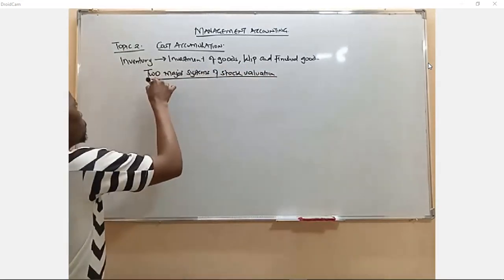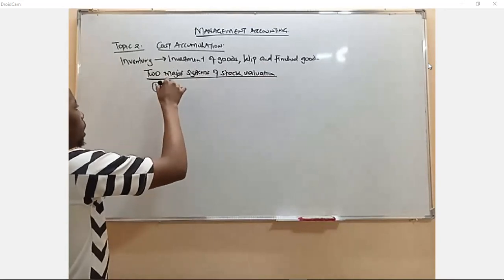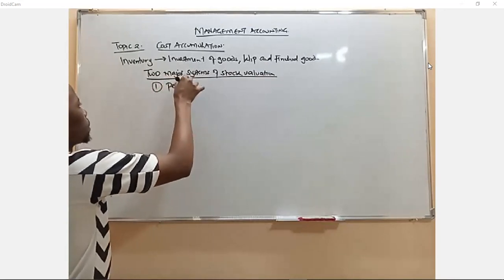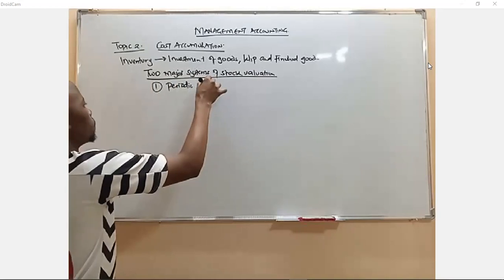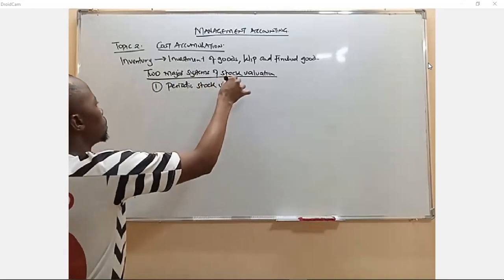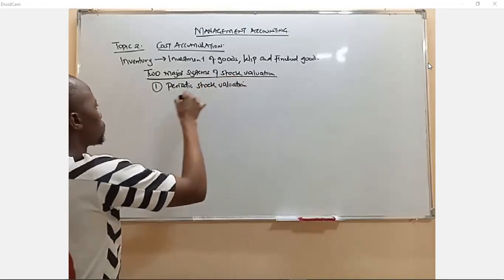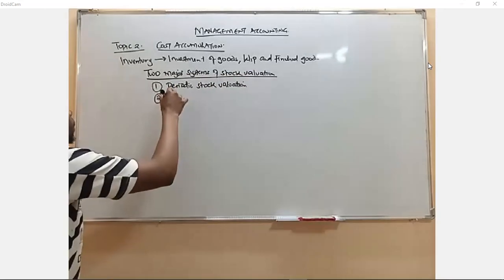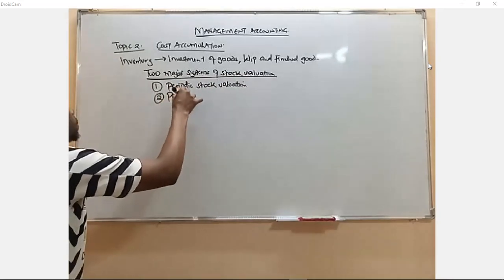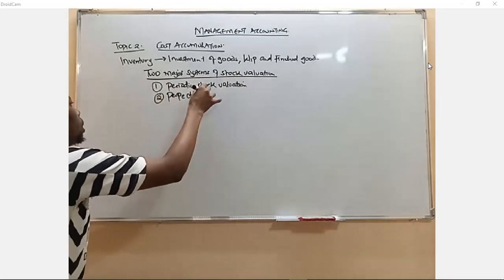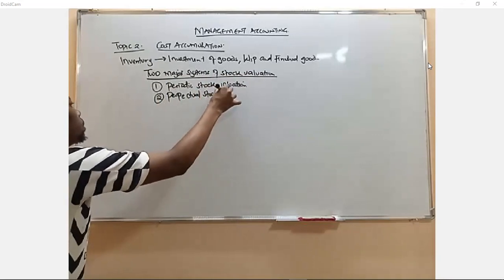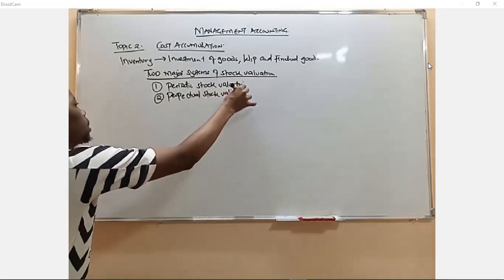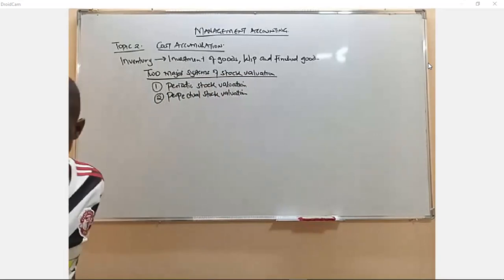Number one, periodic stock valuation. Number two, perpetual stock valuation.